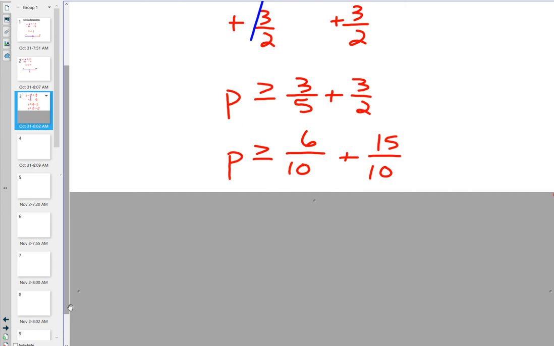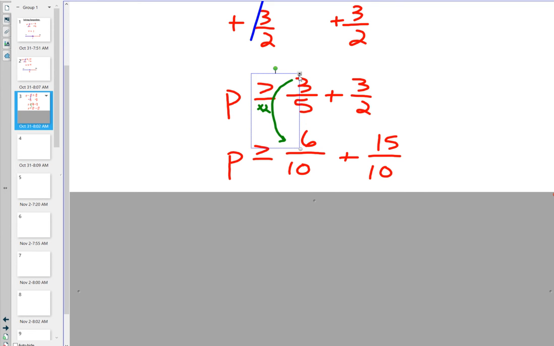How did I get the 6 and the 15? Yeah. The magic of technology. Watch this. Ready? The first thing I asked her was 5 times what gave me 10. She said times 2. So whatever I did on the bottom, bam! I did on the top. 3 times 2 is 6.